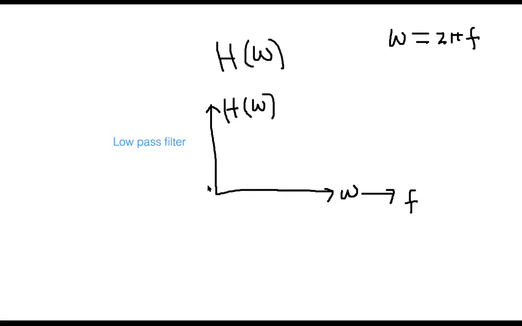We call it the low pass filter. So how does it look? The low pass filter means it will allow the low frequency. For example, this is the zero frequency, and up to a certain frequency, omega c, it is called the cutoff frequency, this point.